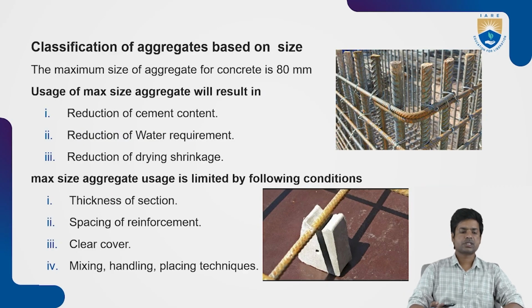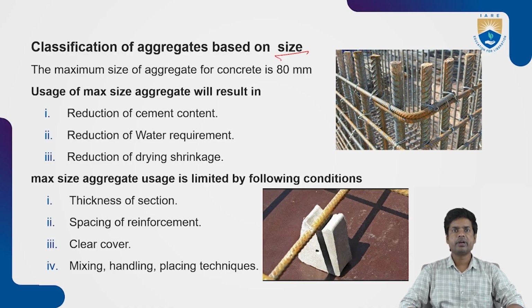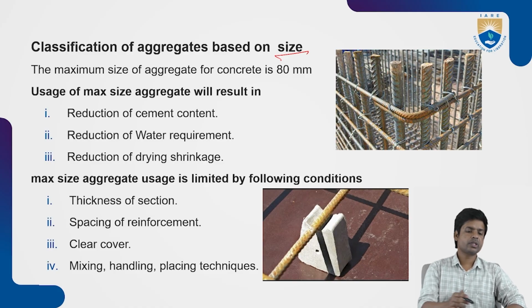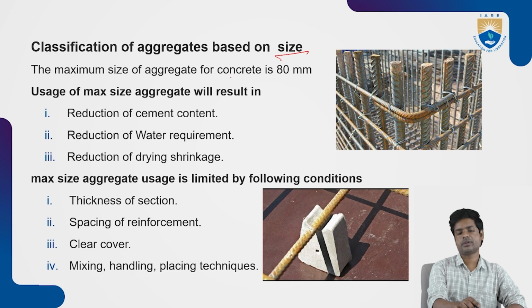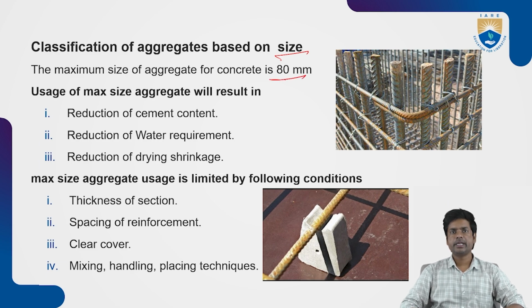Next, classification based upon the size. Based upon the size also we have divided the aggregates into different types. The maximum size of aggregates for concrete is 80 mm, so up to 80 mm size aggregates we are going to use in the concrete.